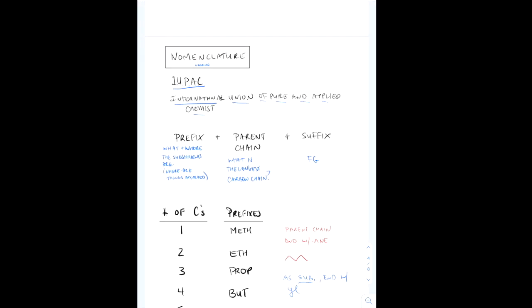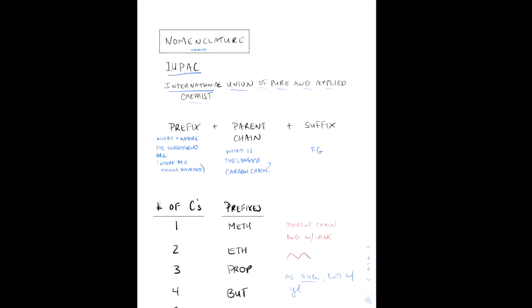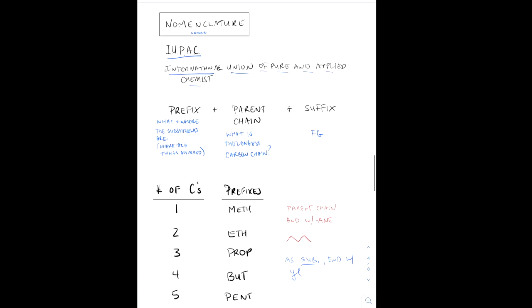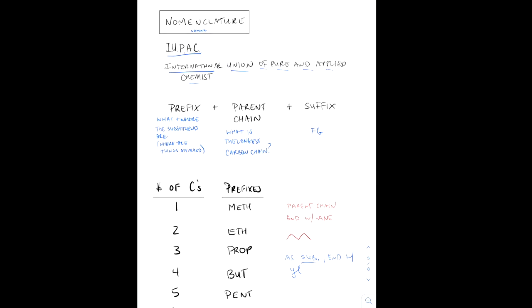So if you see that, that is what it means, and that's basically an organization or a group that gets together and decides how we should name organic substances. This is really important so that we as chemists can communicate clearly and in a concise manner.